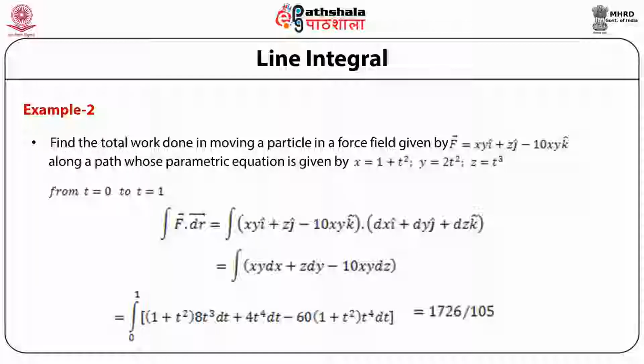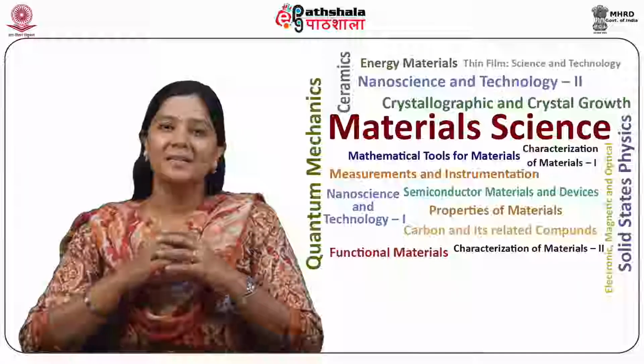So the integral of F·dr is equal to the integral of (xy î + z ĵ − 10xy k̂)·(dx î + dy ĵ + dz k̂), and the integral of xy dx + z dy − 10xy dz is equal to the integral from 0 to 1 of [(1 + t²)·8t³ dt + 4t⁴ dt − 6(1 + t²)t⁴ dt], which equals 1726/105.